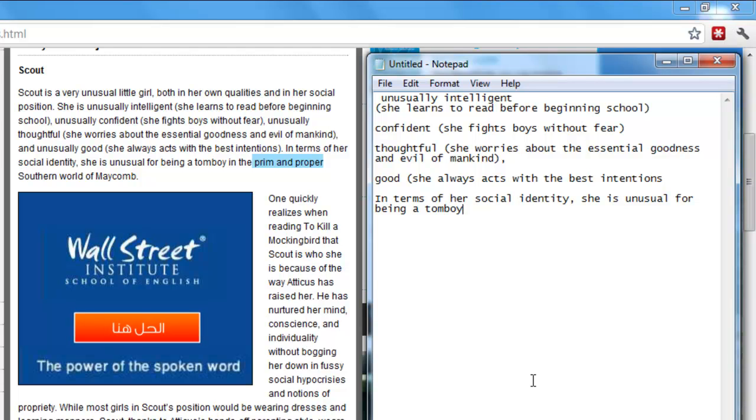I mean, we should already know intelligent, confident, thoughtful, good, and unusual, but the layout, the having one aspect of their character and then developing that idea, another aspect, and then developing and supporting that, this is really useful to us.